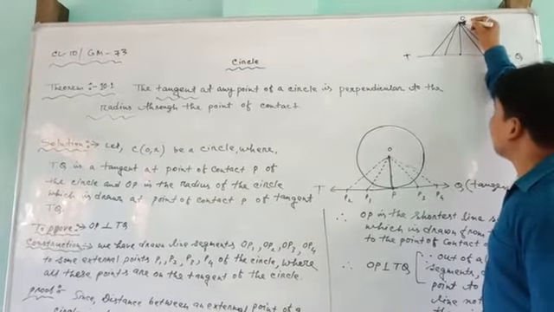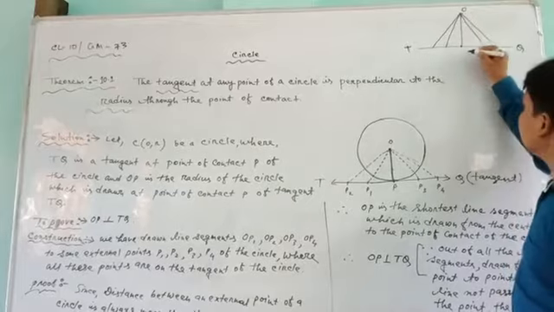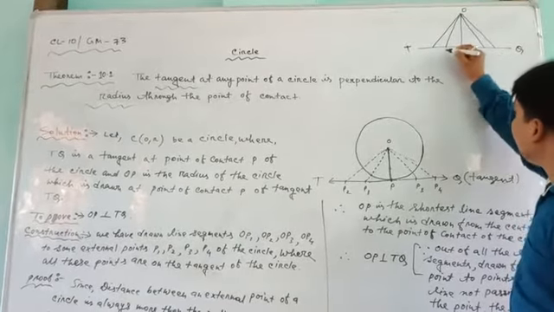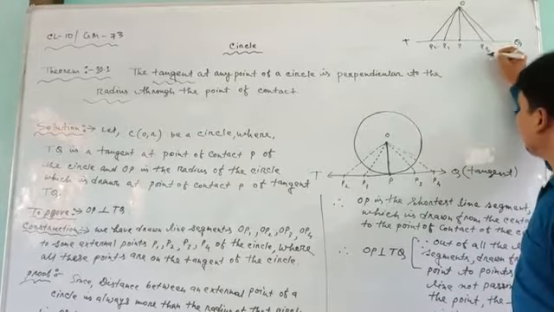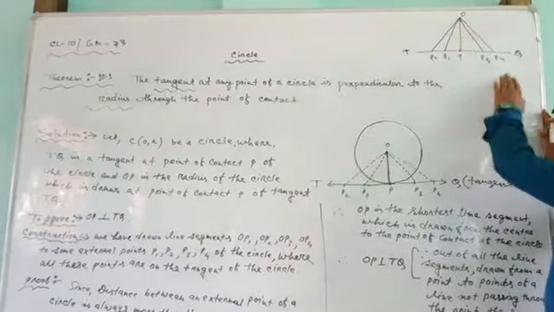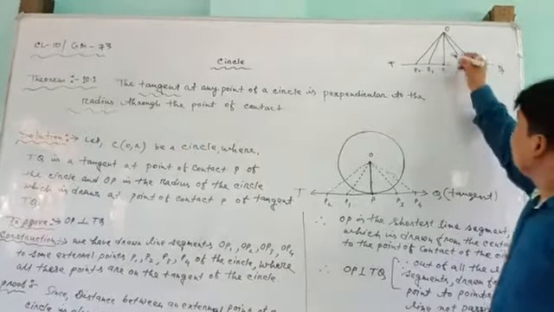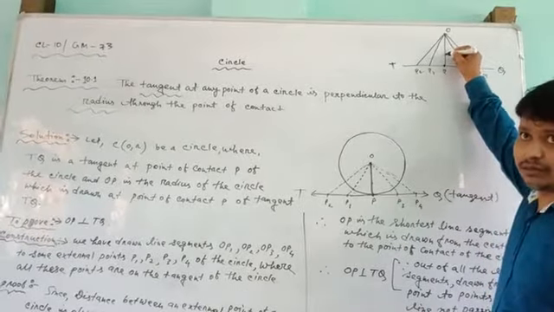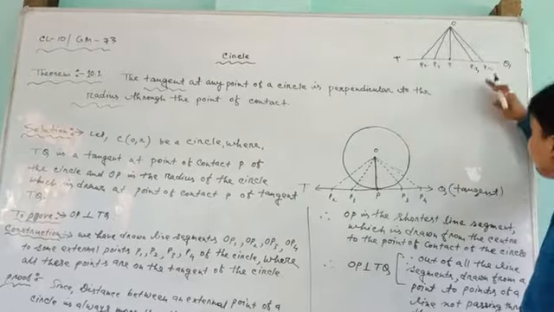From this external point, we have drawn many line segments, suppose P, P1, P2, P3, P4: OP1, OP2, OP, OP3, OP4.